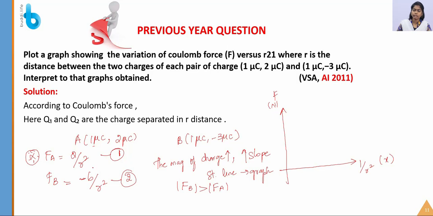Yes, because it has 6 by r square and here it was only 2 by r square. So the B line has a larger slope than A. This is the graph we get by doing this procedure. In this fashion we have derived the force between the two pairs of charges and also plotted the graph. Okay, so let's move to the next topic.